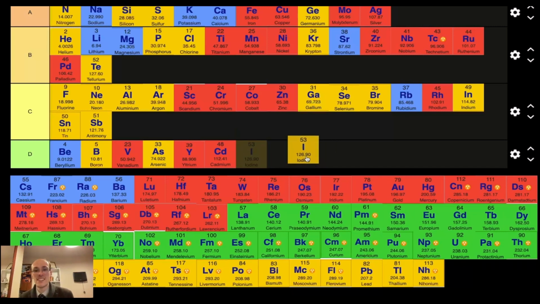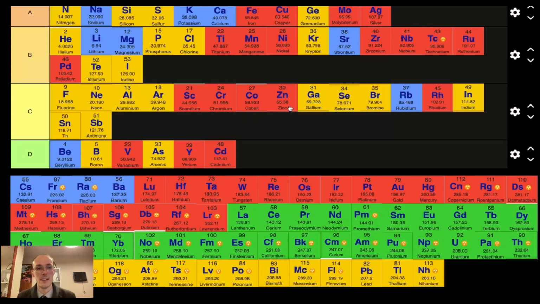It's on the WHO's list of essential medicines, and that's because iodine is a crucial component of hormones from the thyroid gland. A lot of people are iodine deficient, so make sure you eat a lot of things with iodine in them.